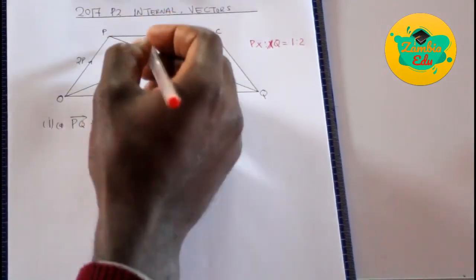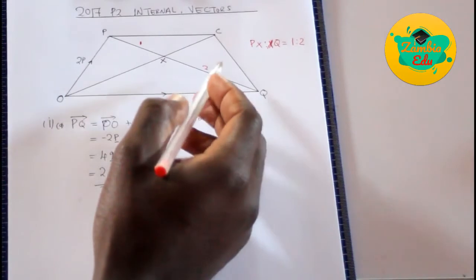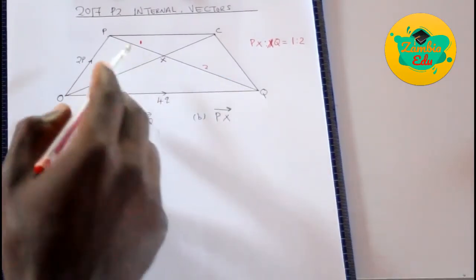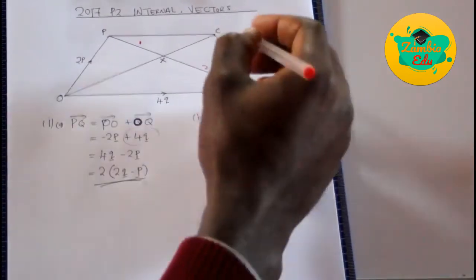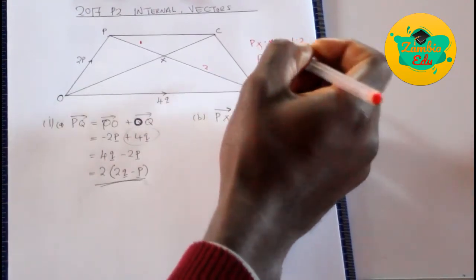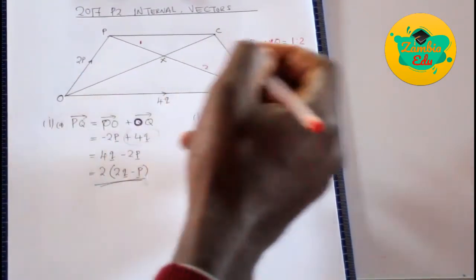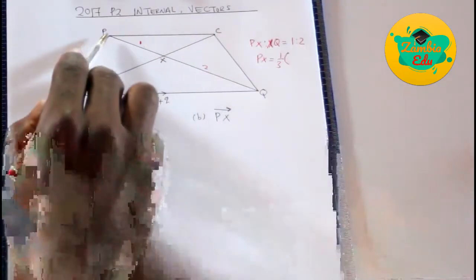What this means is that is our 1 and that is our 2. So the total division for the line is 3, 1 plus 2. So it means that if we want to get PX alone, it's going to be equal to 1 over 3, this 3 being 1 plus 2, times the total line PQ.